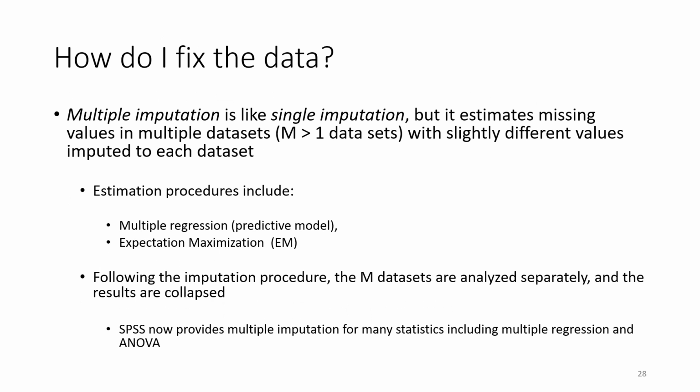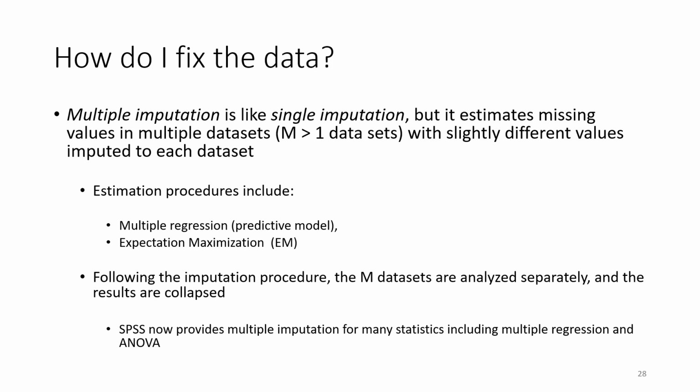So the first approach to treating missing data values, when we can make the MAR assumption, the missing at random, but MCAR is violated, is multiple imputation.